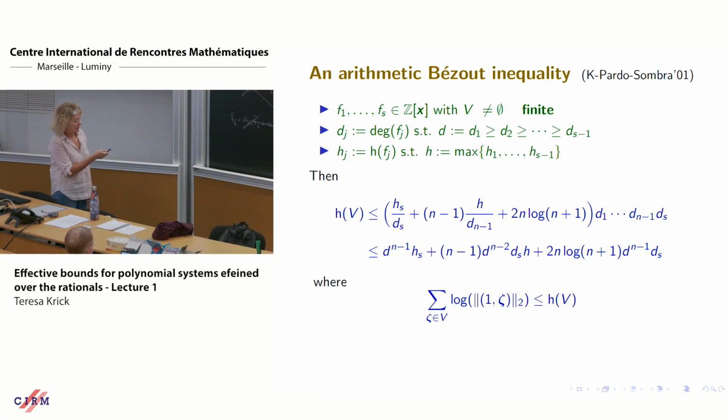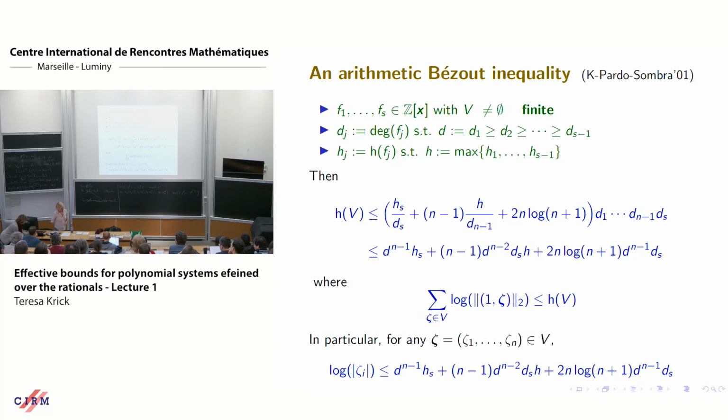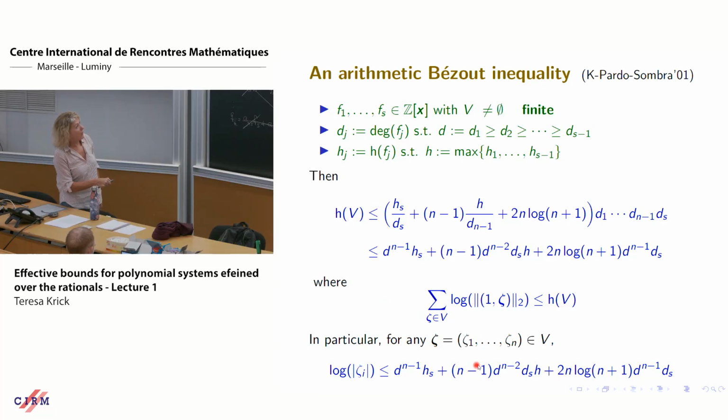Remember, we had this. And so in particular, for any root zeta, any of its coordinates is bounded by this quantity.